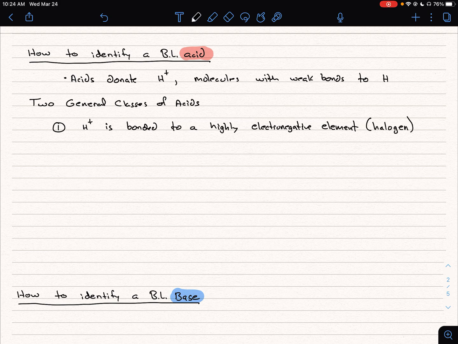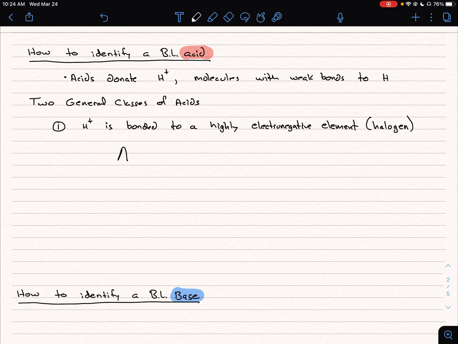This is usually group 16, group 17 elements. And what's happening here, if we think about this, we can draw a simplistic structure, A bound to H, where in this case, our A is just some electronegative element.